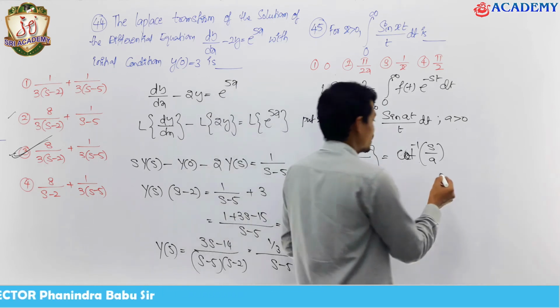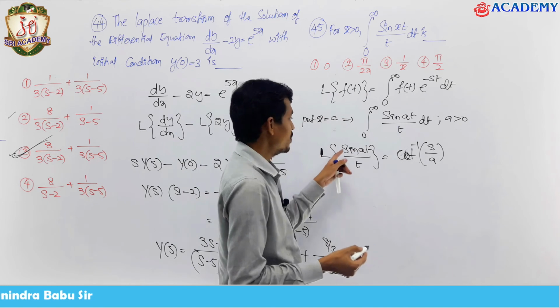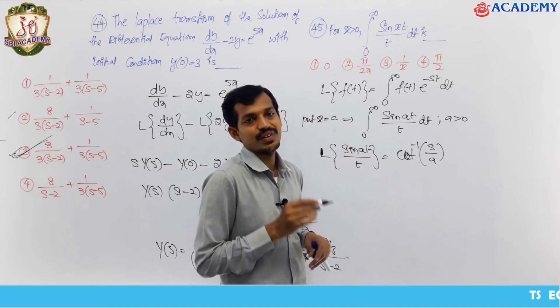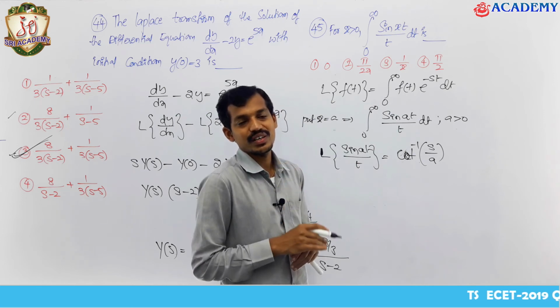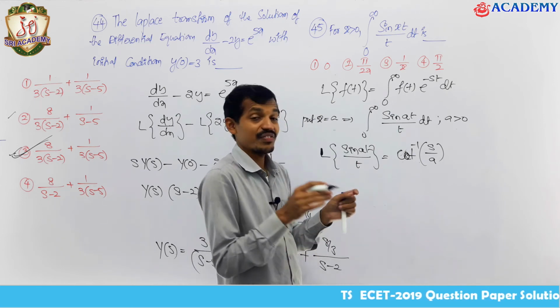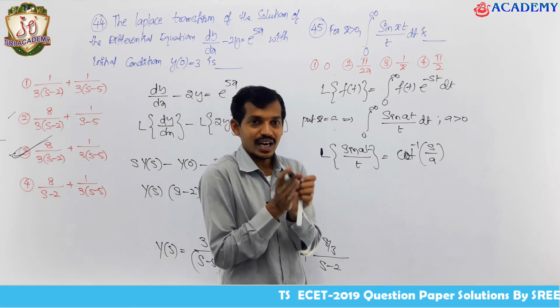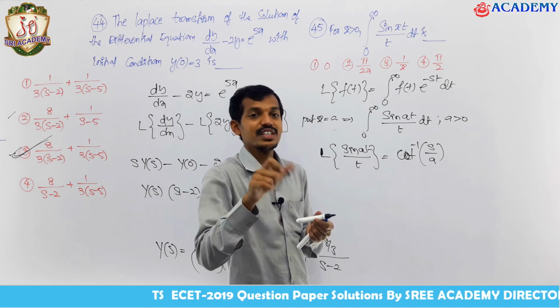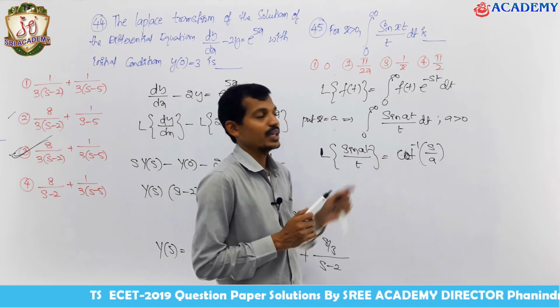Simply you know that the Laplace transform of f of t by t is nothing but the integral from s to infinity of f of s ds. The Laplace transform of this function has to be integrated with respect to s, then you get an answer.